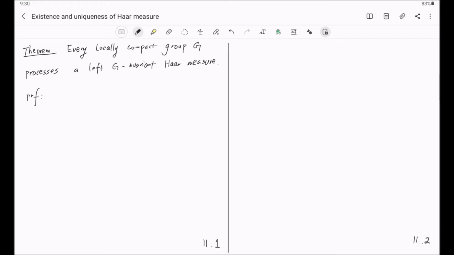The idea of the proof is the following. As usual, we'll talk about the idea first. There are two important ingredients in the proof.